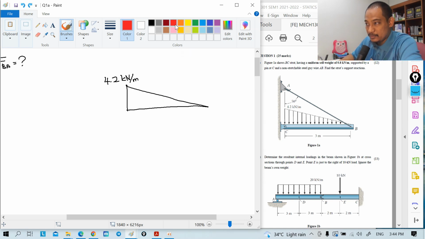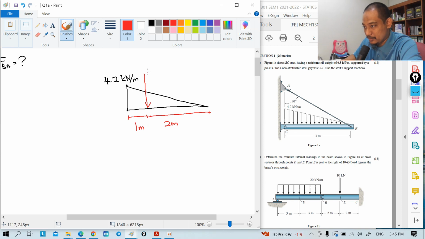The equivalent should be somewhere here, where we have this 1/3 and 2/3 ratio. By now you should know this. Because this is 3 meters, this should be 1 meter and 2 meters, 1/3 and 2/3 of the length, and the value is just the area under the graph.